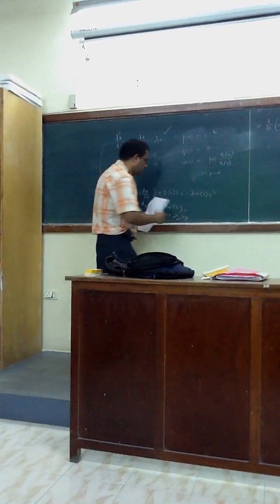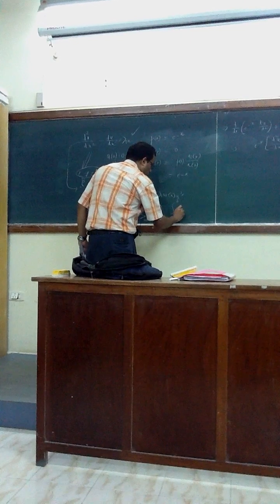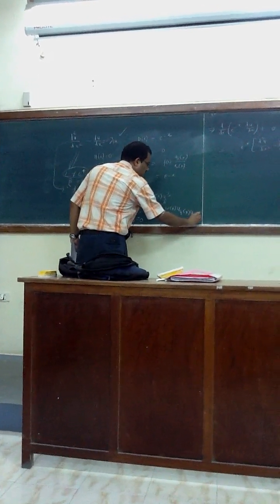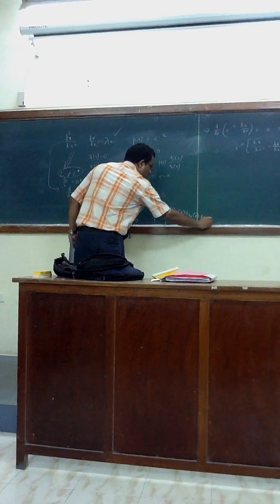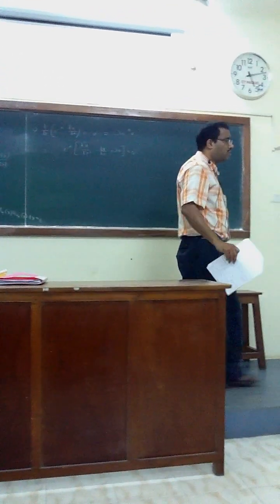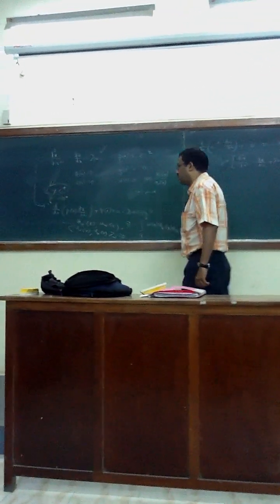It says integral a to b wx unx umx dx equals 0. That means unx and umx are orthogonal with respect to the weighting function.